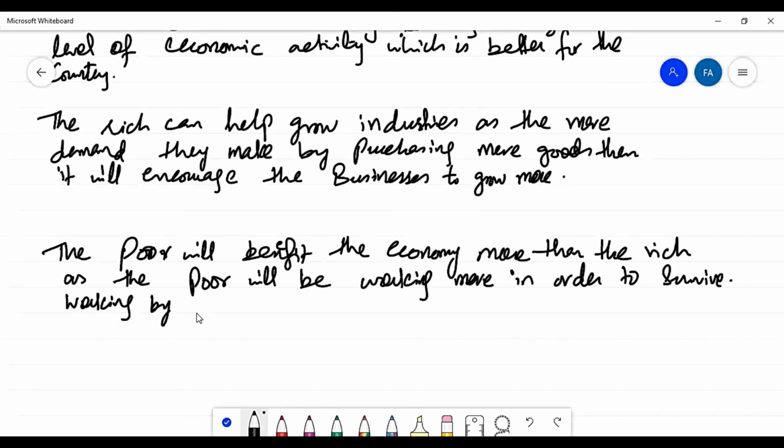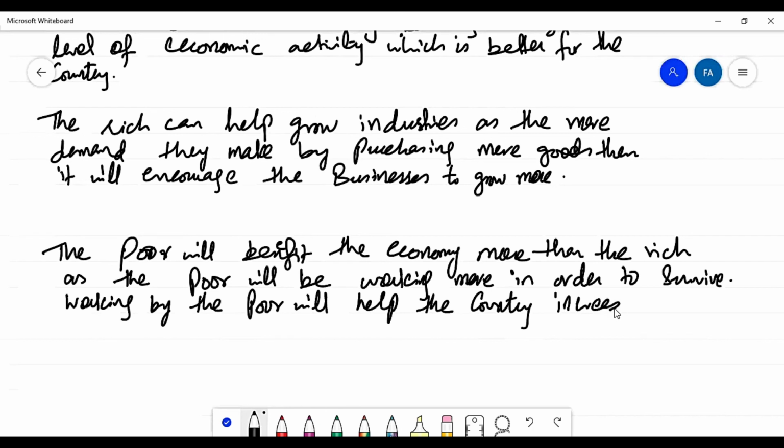Working by the poor will help the country increase the overall output in the economy.